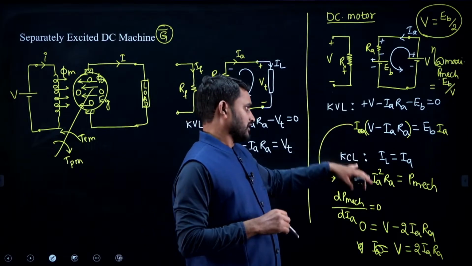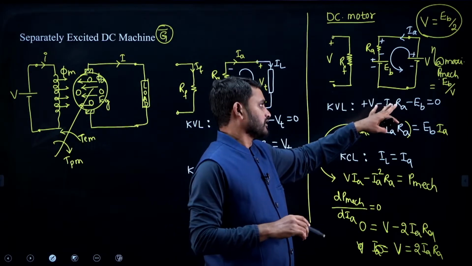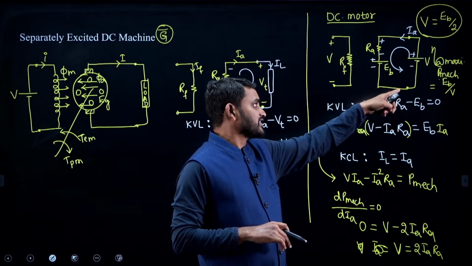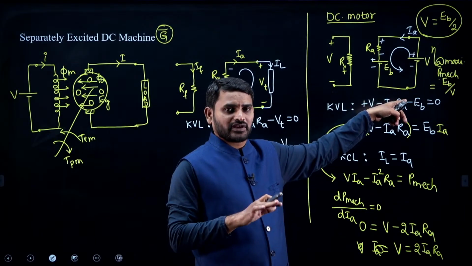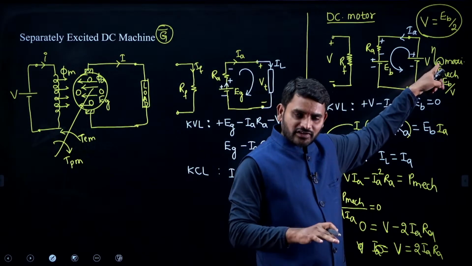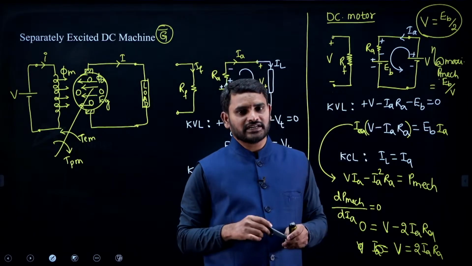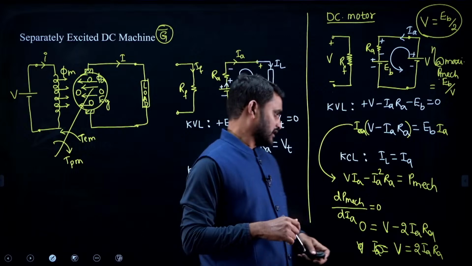Okay. I hope these points are clear for you, and these are very important conditions. I am repeating once again, this is not maximum efficiency, this is the efficiency at maximum mechanical power condition. Okay? Right.